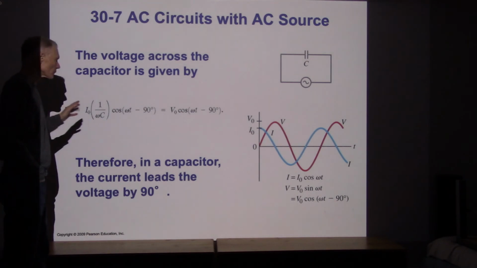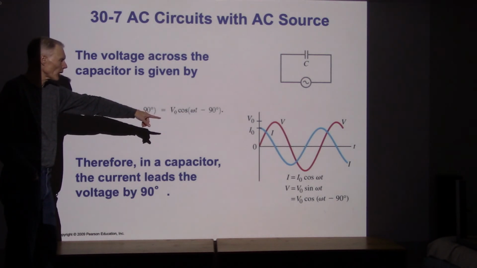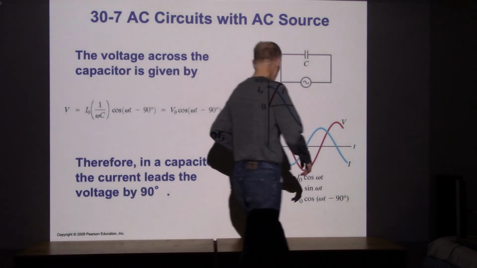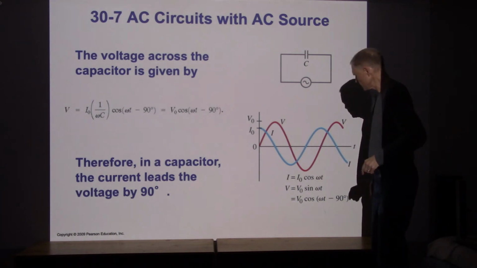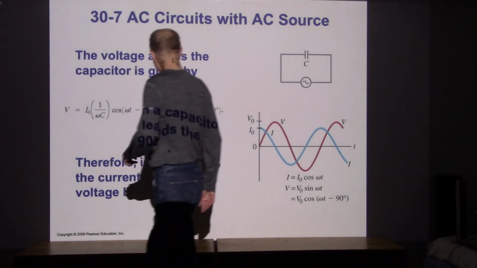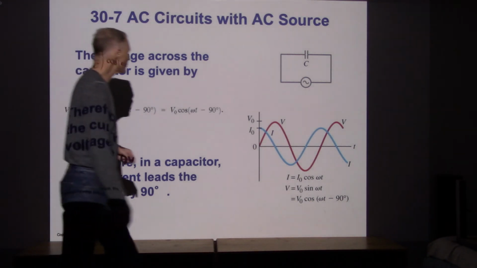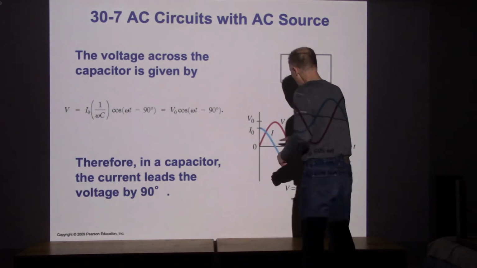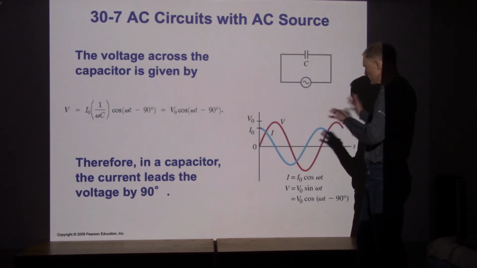So if the current is being represented as a cosine, then the voltage through a capacitor is going to be represented as a sine. And so what we have now is the voltage is going to be like a sine function. That says it's going to be out of phase.